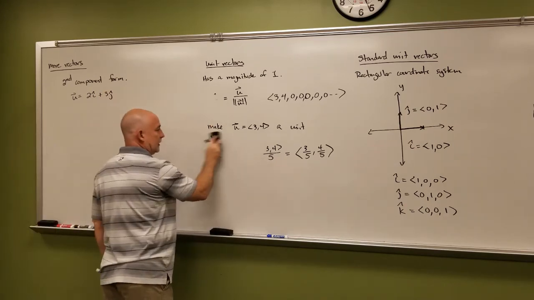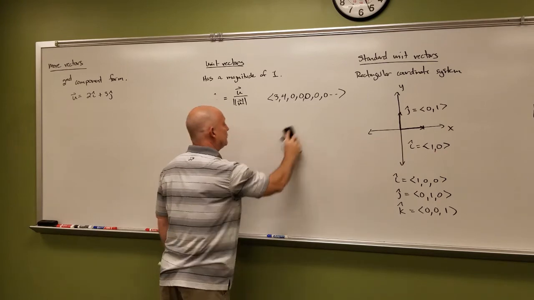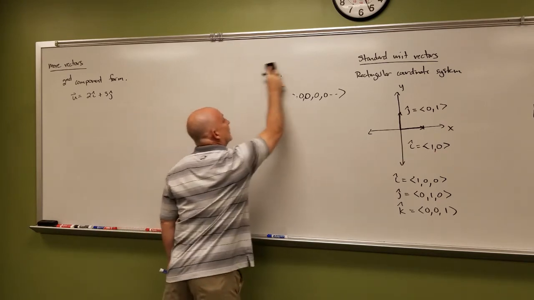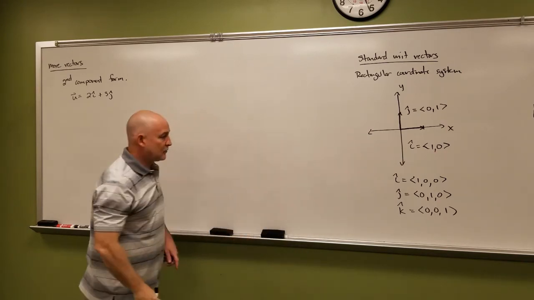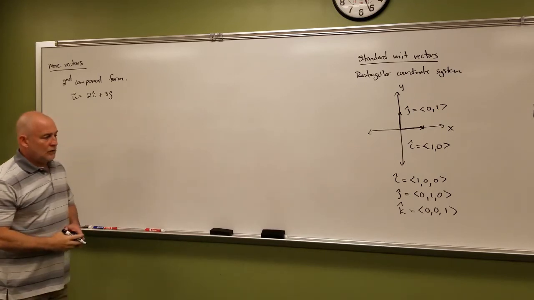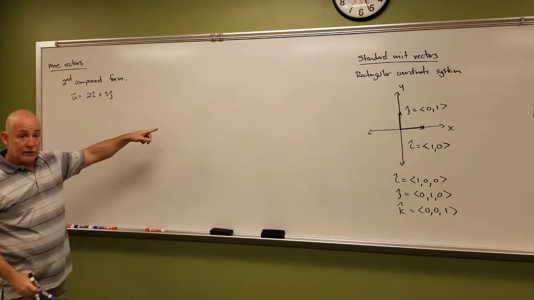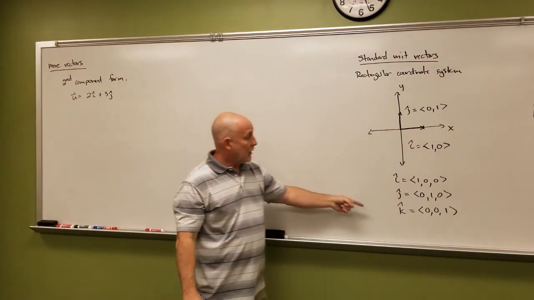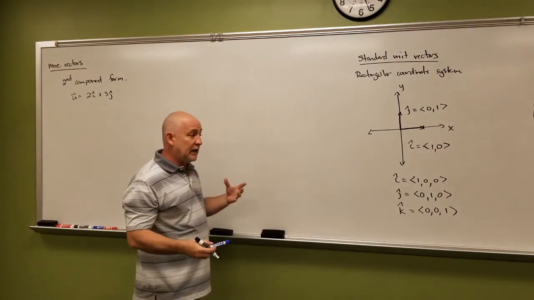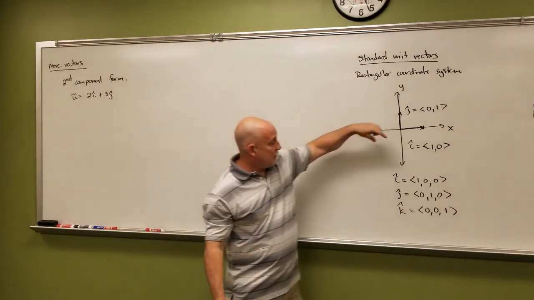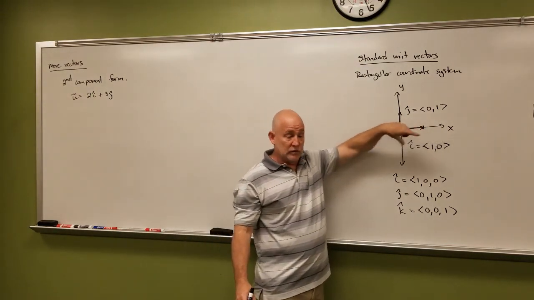Now, for those of you that have already taken engineering classes, you've probably seen this notation. Because in the grand scheme of things, engineering type applied classes tend to prefer what we call the ijk notation, where physics and, say, math prefer the bracket notation, the one that we've been using up to this point.